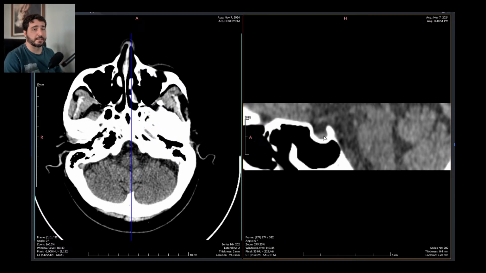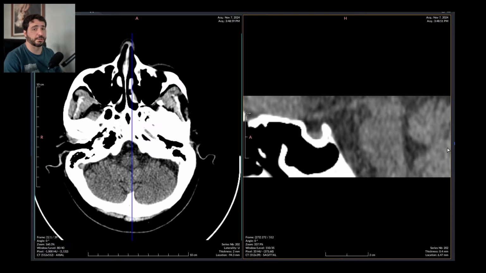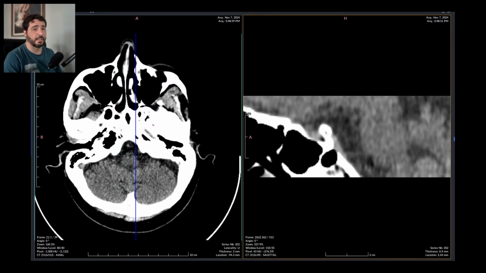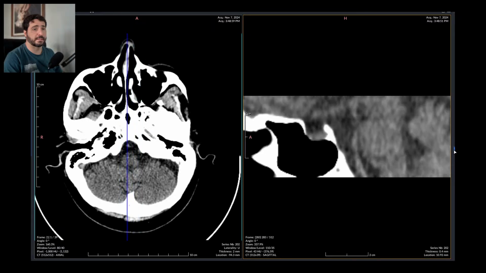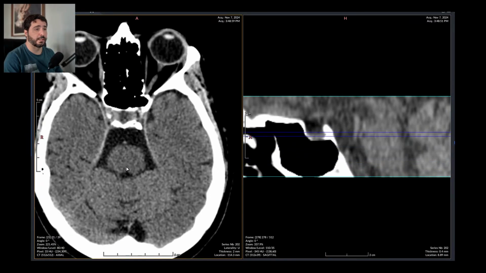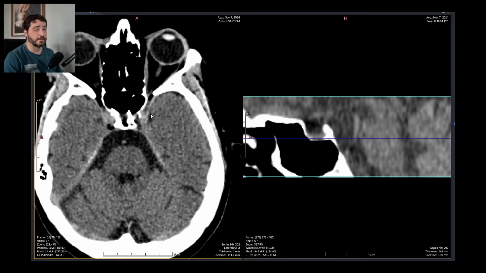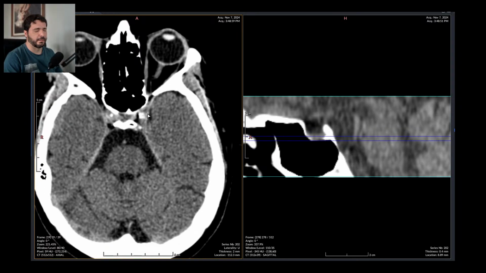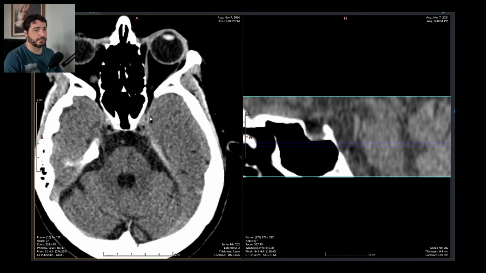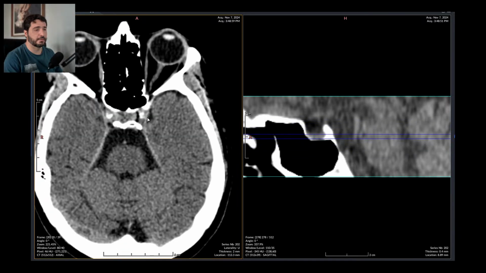So this is the Turkish sella and this is the pituitary gland on the sagittal MPR, and this is it from one side to another right here. These are the carotid arteries and the cavernous sinus, I suppose.